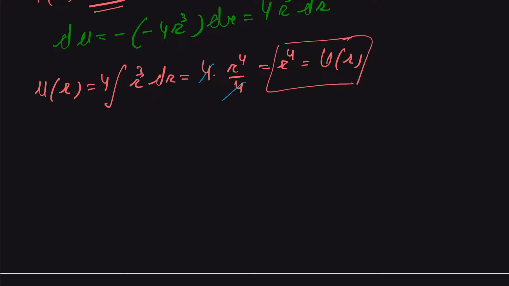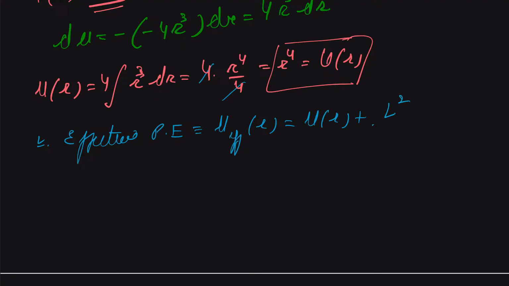So we can say that the effective potential energy, let us call this U effective of r, is equal to U of r plus L square upon 2m r square.